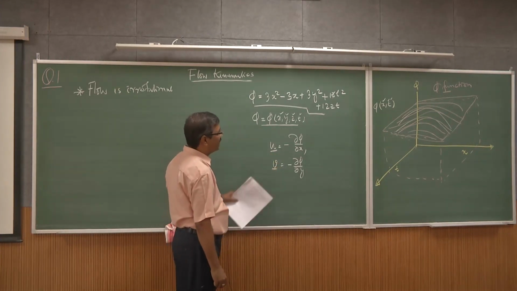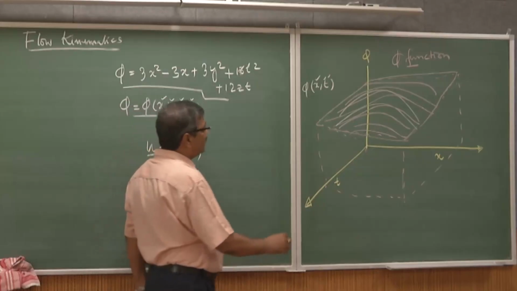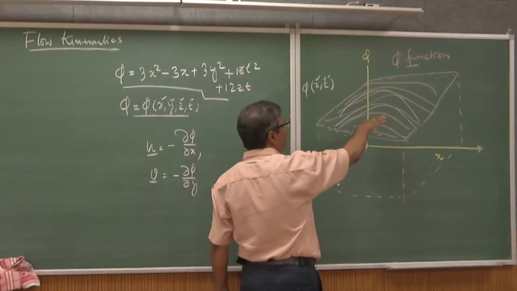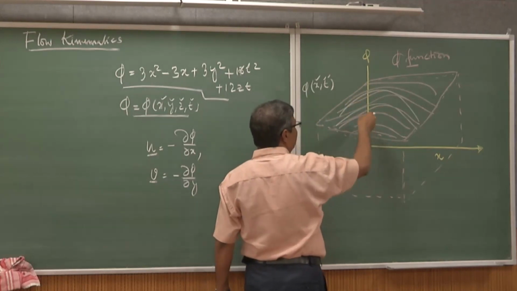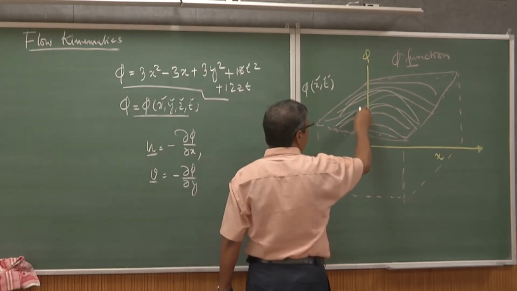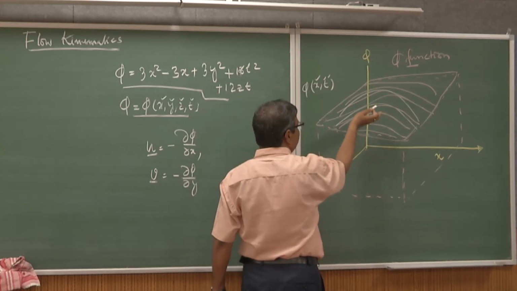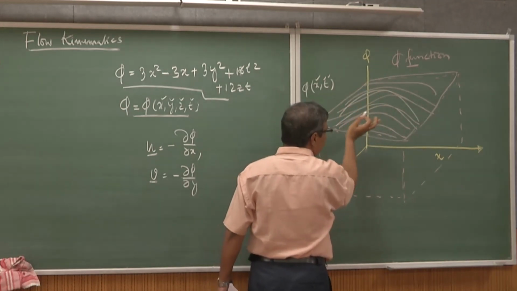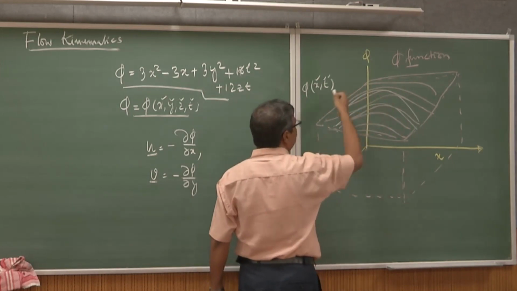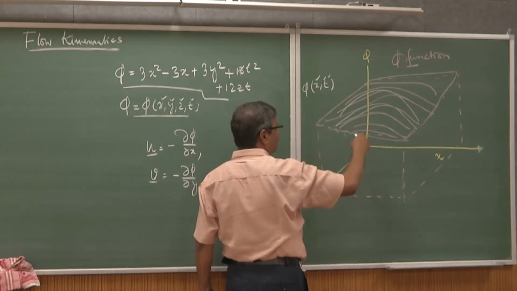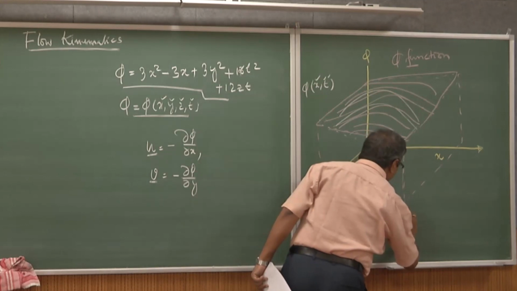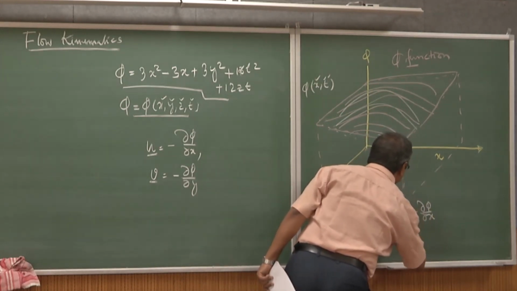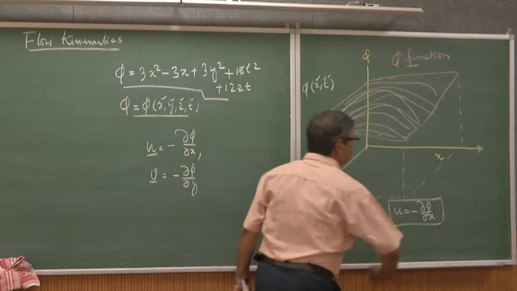Graphically, phi changes only in the x direction when you don't consider the other component, and the negative of that indicates the velocity field.